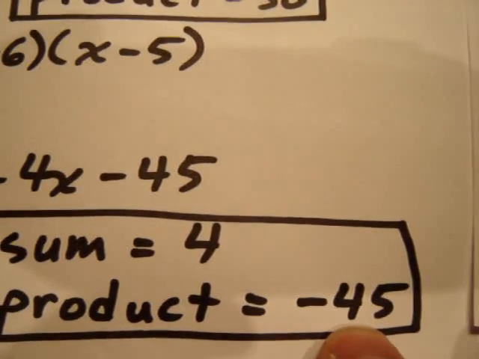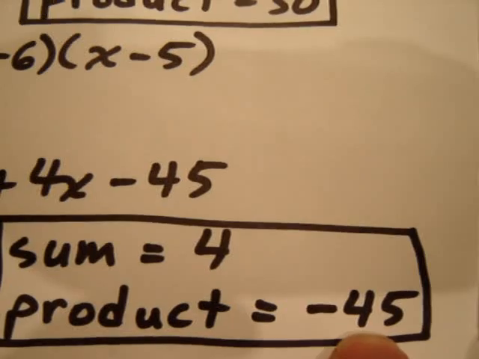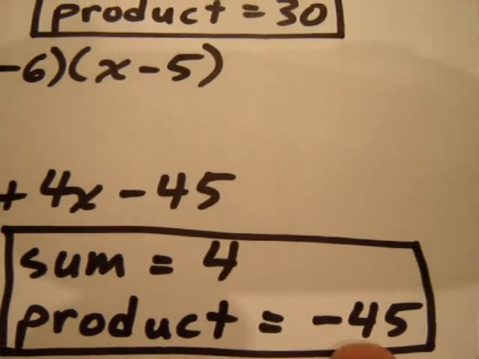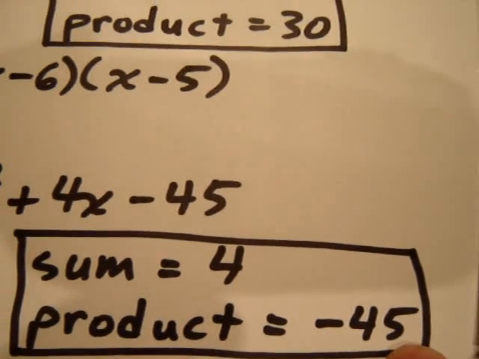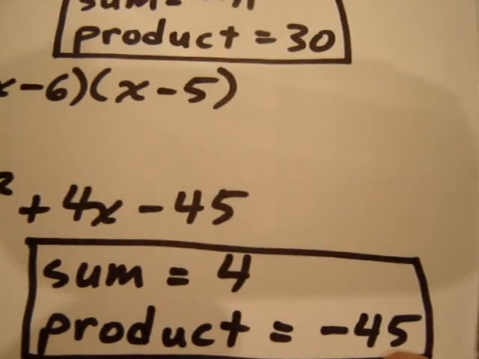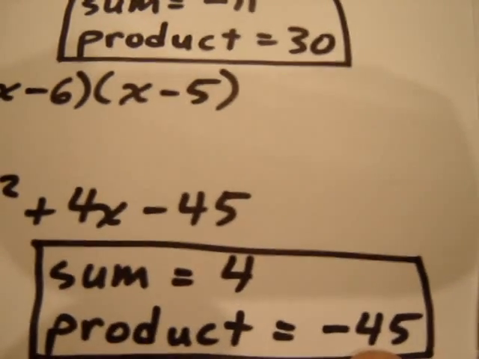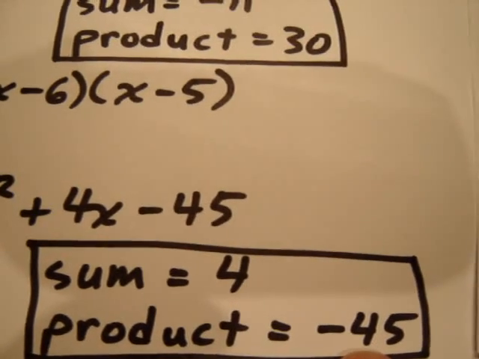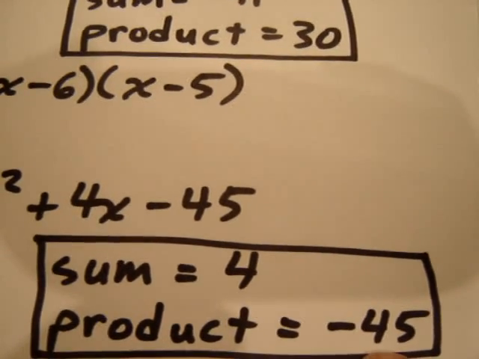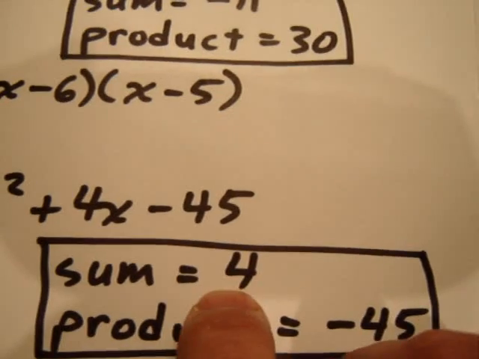Well, we think, what two numbers multiply to 45? And our answers are 9 and 5. They could also be 15 and 3, or even 45 and 1 for that matter. But we settle on 9 and 5, and then we ask ourselves, is there any way to put a negative sign in front of one of those numbers such that the sum of them is 4?